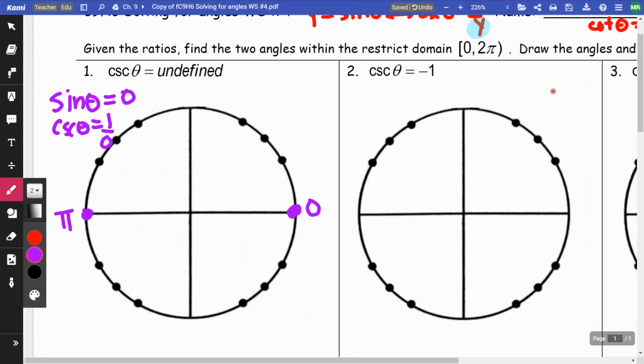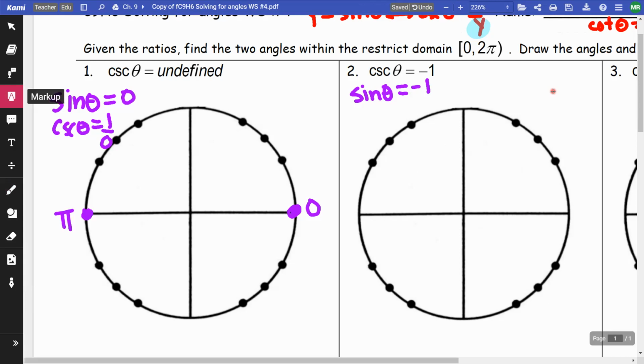On number 2, cosecant, again, cosecant is the reciprocal of sine. And so I'm trying to figure out where my sine is going to be -1, because the reciprocal of -1 is -1. And my sine is negative in quadrants 3 and 4.